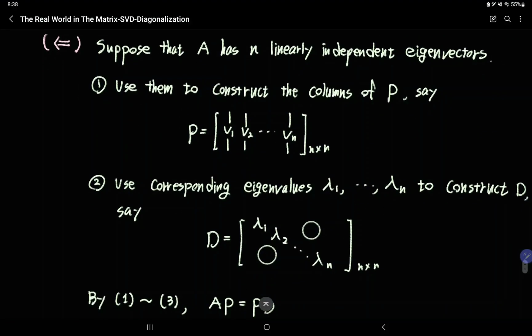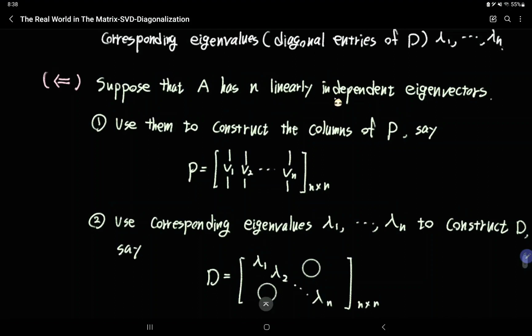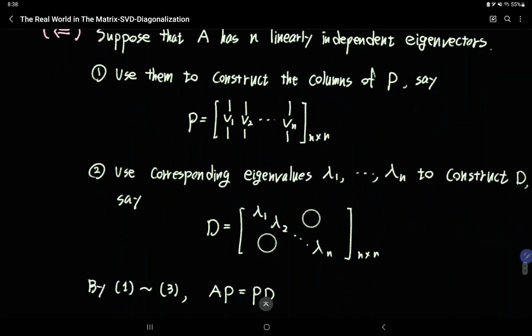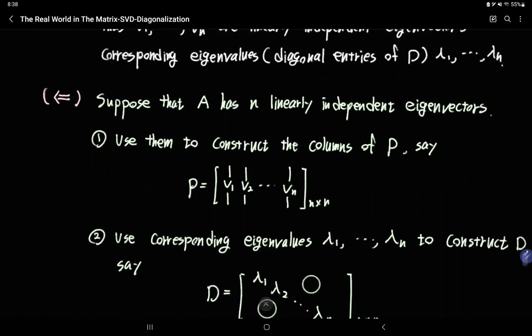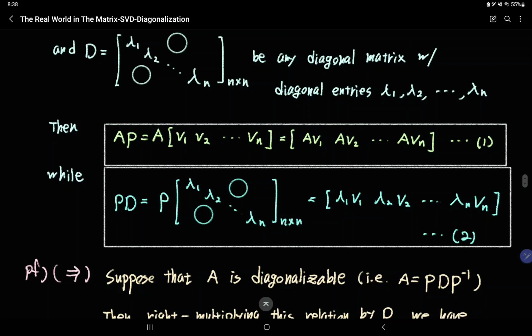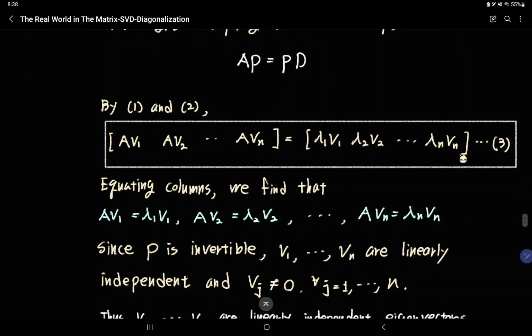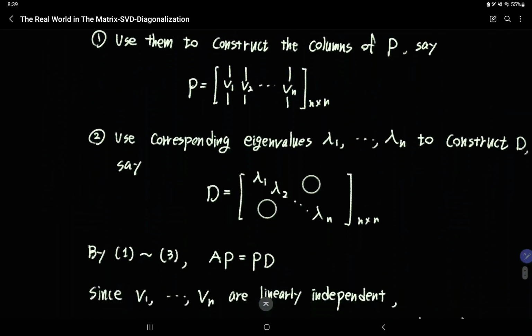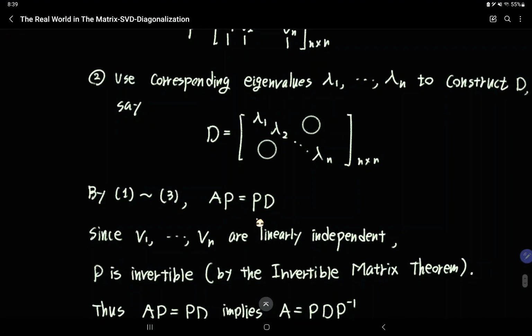Then, since these are eigenvectors, there exist corresponding eigenvalues, right? So we use the corresponding eigenvalues lambda 1 through lambda n to construct the diagonal matrix D, and then use expressions one through three. With those expressions, we can say AP is PD, right?